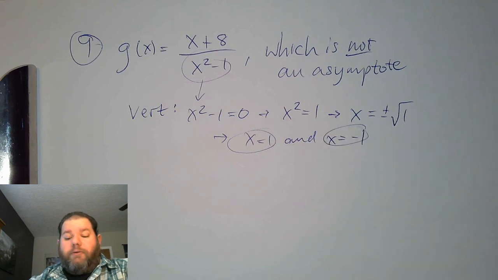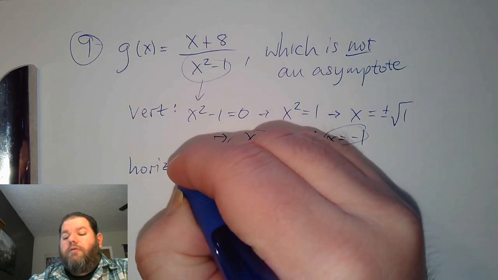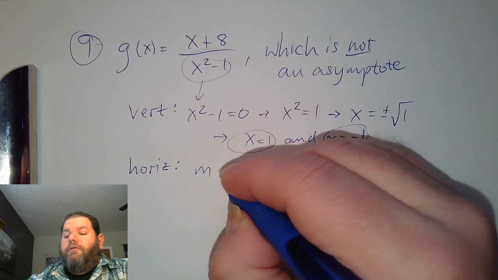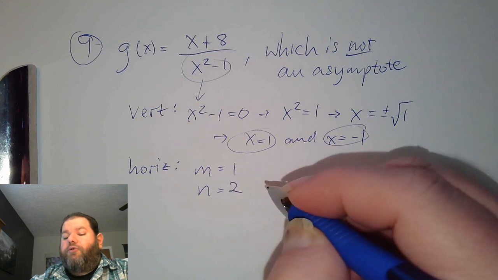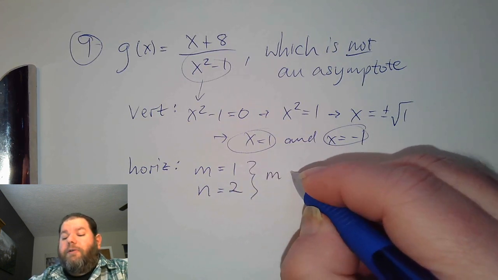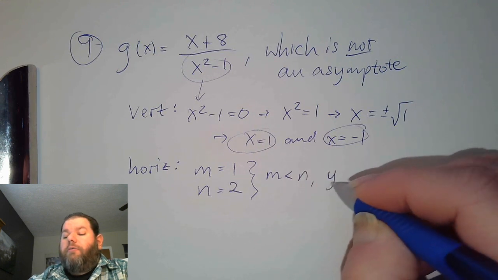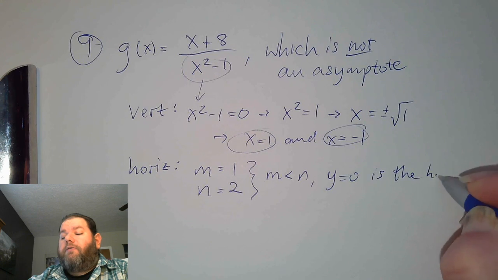So those are asymptotes, we know that. Horizontal, the degree of the numerator is 1 and the degree of the denominator is 2. So that tells us that since m is less than n, y equals 0 is the horizontal asymptote.